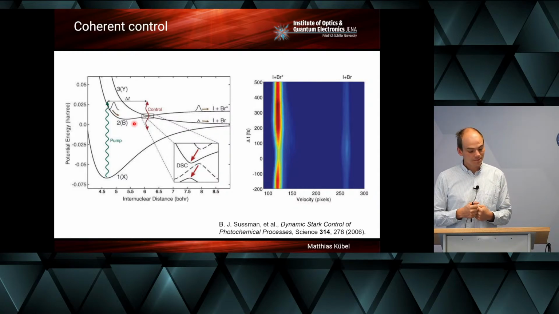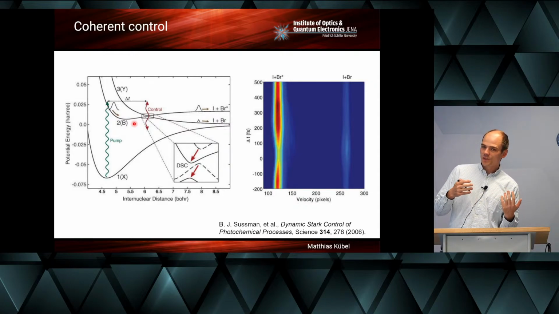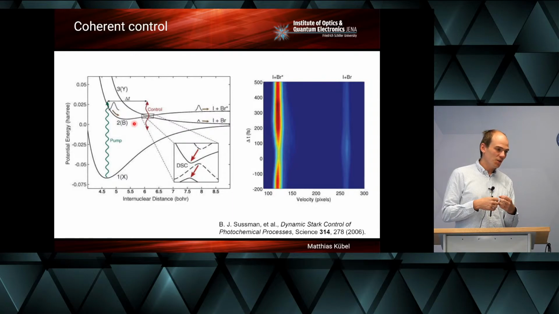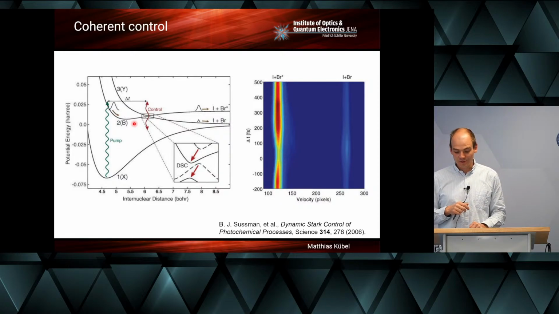In a way, you can think of the field now oscillating so fast that the nuclei don't even care about this, but they feel the average of what's happening to these states.